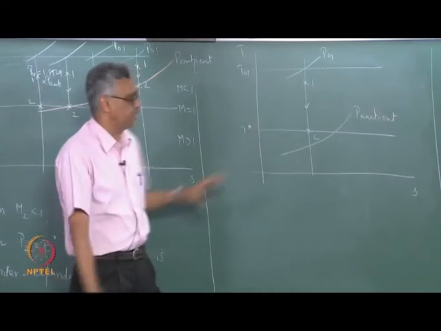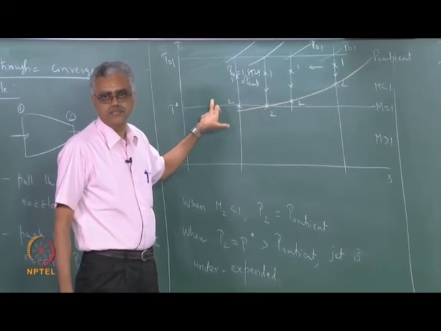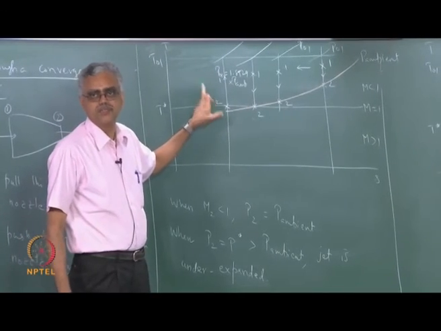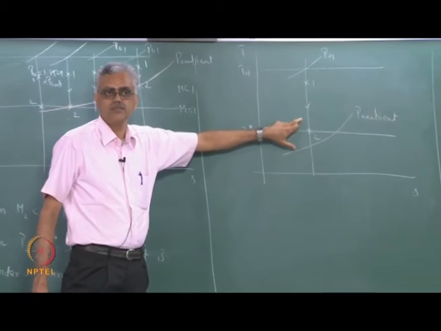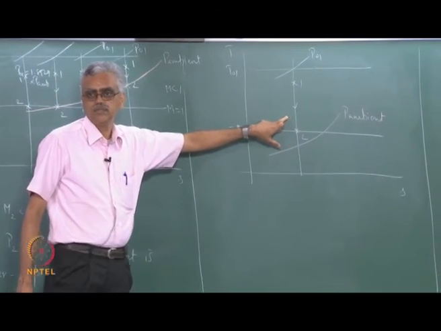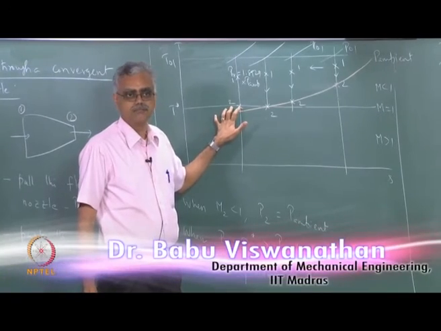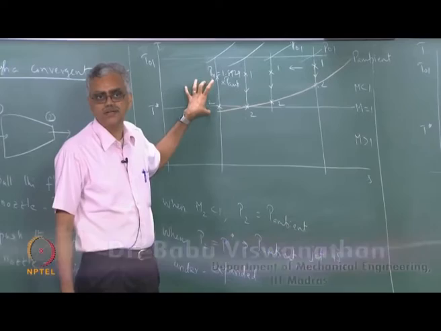In contrast, here as you can see, the process curve keeps changing. Exit state is sonic state, but the process curve keeps changing, which is why the mass flow rate in the previous case reaches a maximum and remains there, whereas in this case the mass flow rate will continue to increase. As I keep increasing P0, the curve will keep sliding to the left and the mass flow rate will continue to increase.